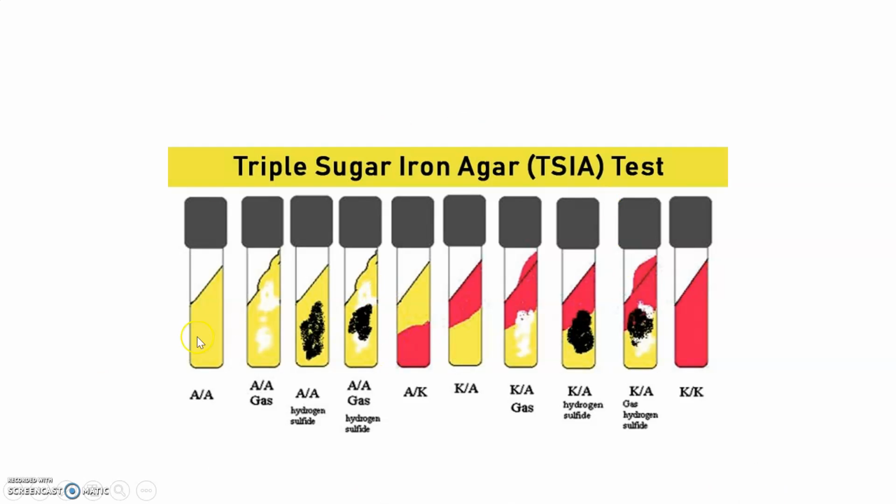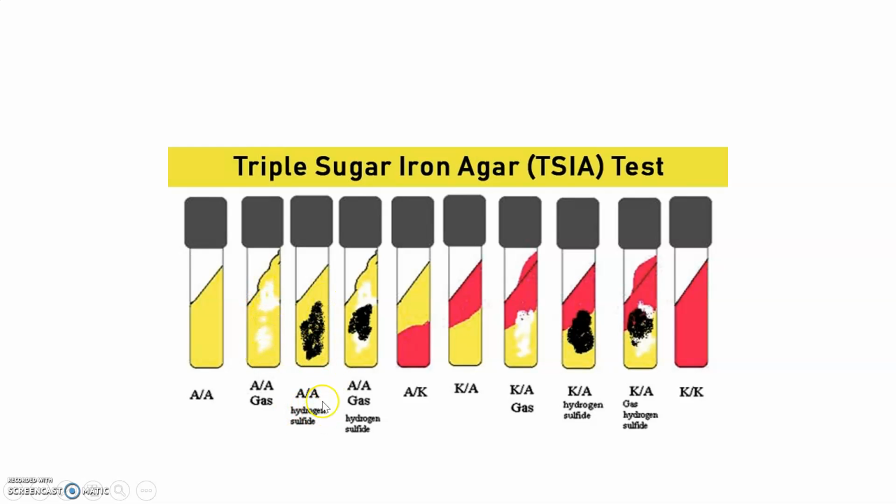These are the different types of reaction. A by A means acid slant and acid butt, that is acid production from fermentation of glucose, lactose and sucrose. A by A gas means acid slant, acid butt with gas production, that means bubbles.